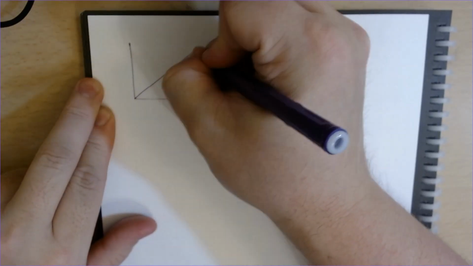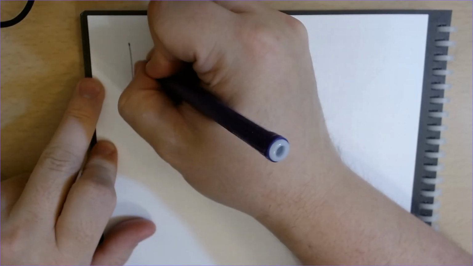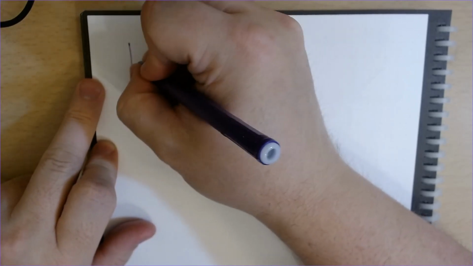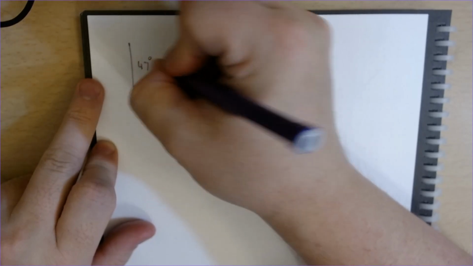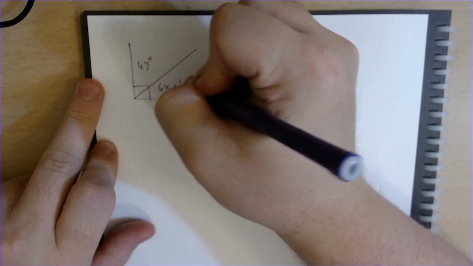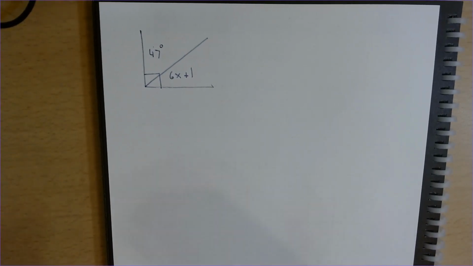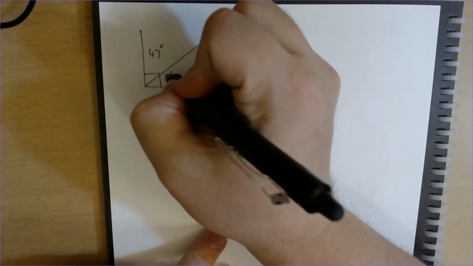I could give you something that looks like this, and then give you some math like, oh look, this is 47 degrees. This is 6x plus 1 degrees. What is x? So this is where you're going to have to use some algebra. You know this is 90 degrees.